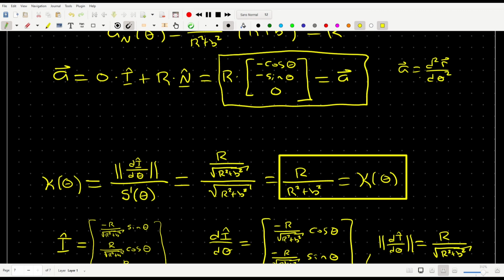You can figure out how this relates to change in time if theta is changing with respect to time around the helix by just using the chain rule and getting a nice connection here. In fact, I'll do this in a second. I just want to emphasize here that we've solved for the second derivative of the helix, and this is saying that it's r times the vector negative cosine theta, negative sine theta. This is always pointing inwards to the origin.